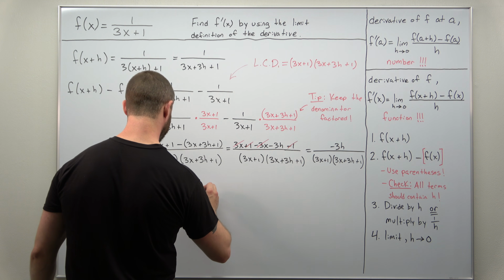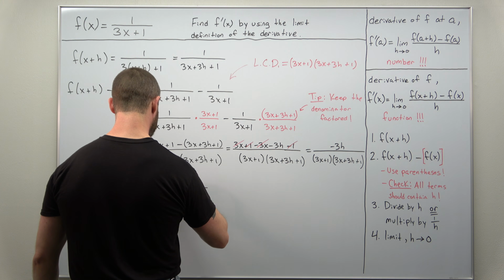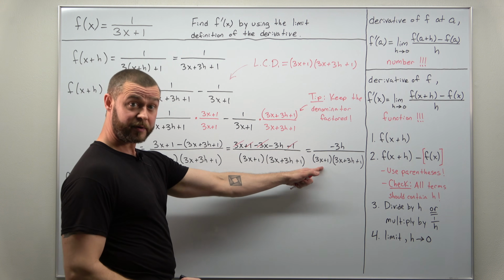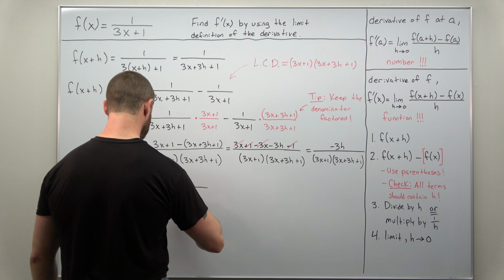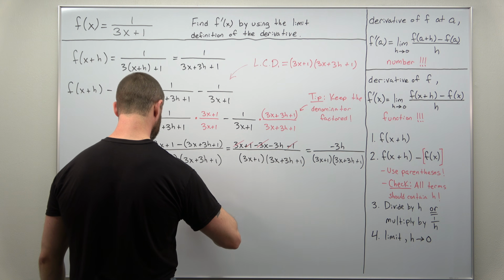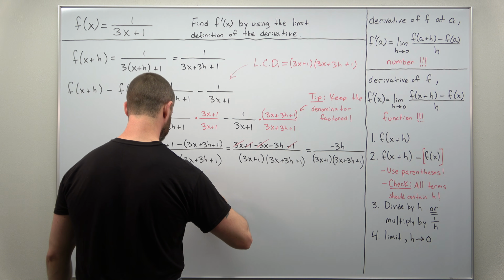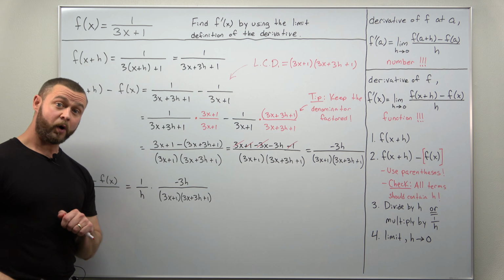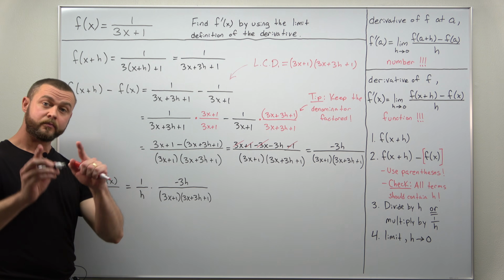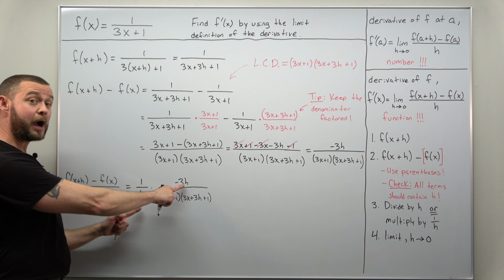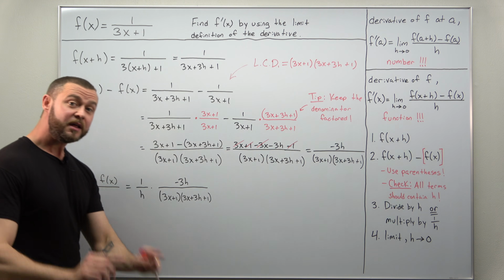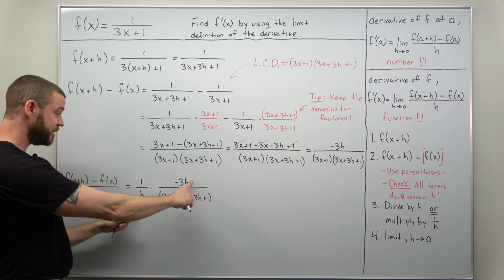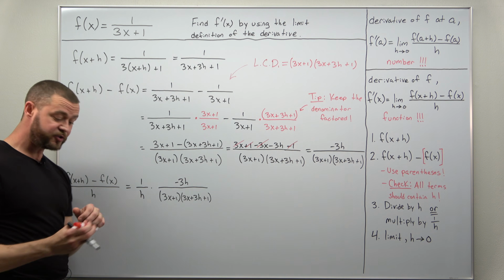And just take your time to write everything down. We had in the numerator negative 3h, and then in the denominator 3x plus 1 times 3x plus 3h plus 1. And you can see here why we wanted to equivalently multiply by 1 over h is it makes it much more obvious that you can cancel those factors of h out.